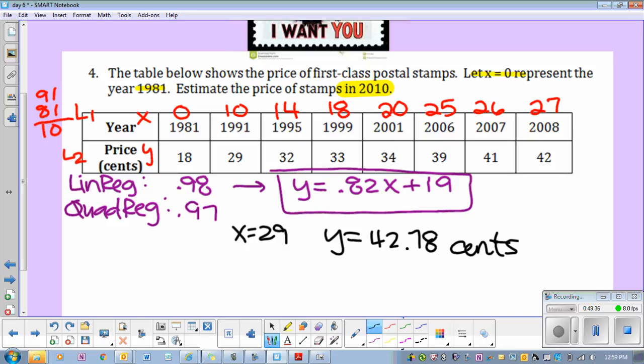So then we wouldn't say 42.78 cents. What would we say? 43 cents. All right, so 43 cents for stamps in 2010. I wonder if this is true. Probably.